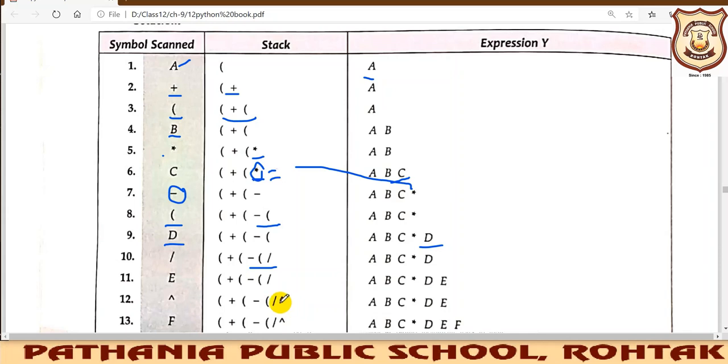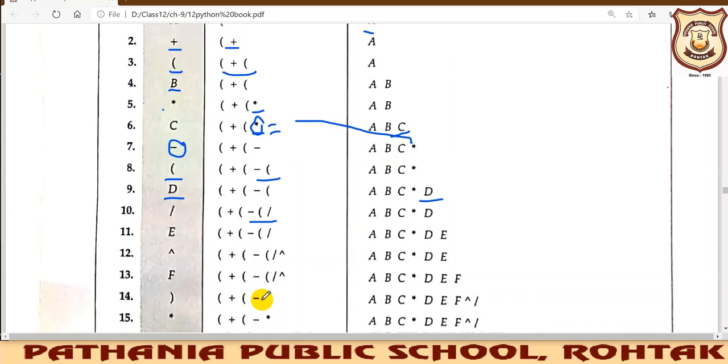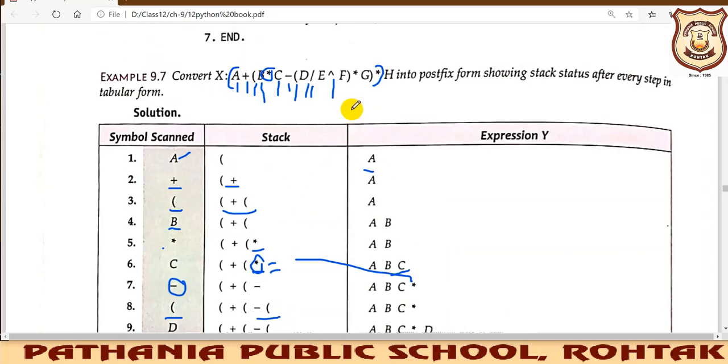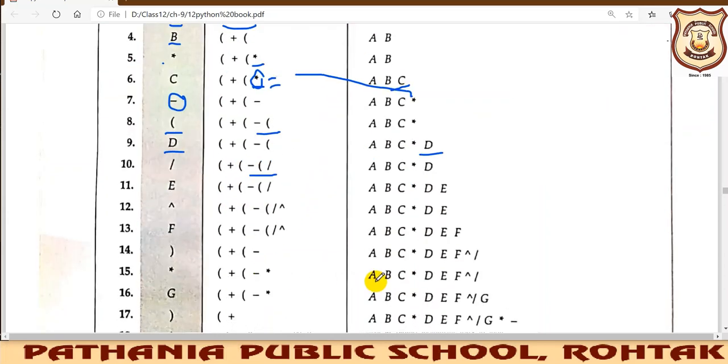This time the exponential is of higher precedence, and behind it we can have operators of lesser precedence. There is no problem, so it will stay here only. The next symbol is an operand, that is F, so we shift F directly here.